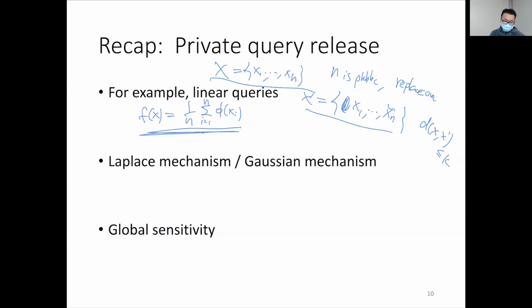We want to be able to handle more complex query classes, and sometimes this query class doesn't really satisfy a bounded sensitivity. But for this, let's review what are the tools that we've learned. We've learned this noise adding mechanism.